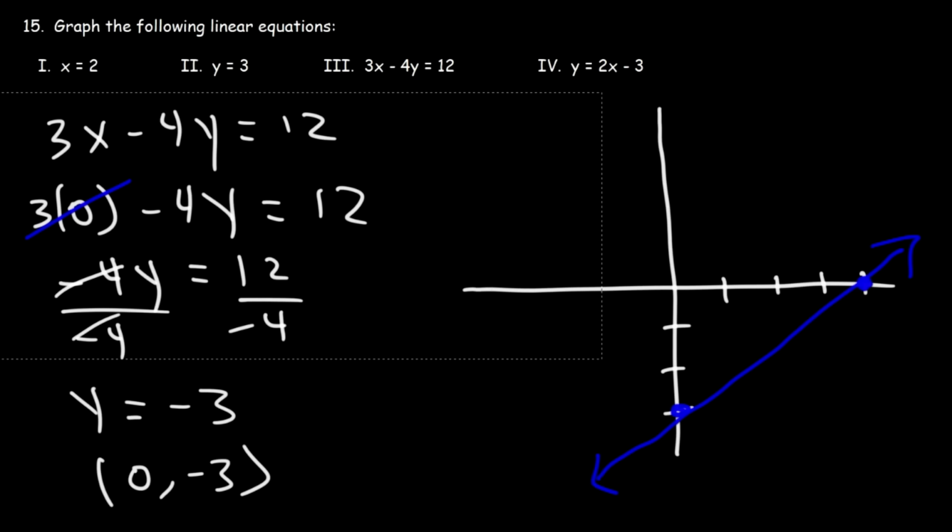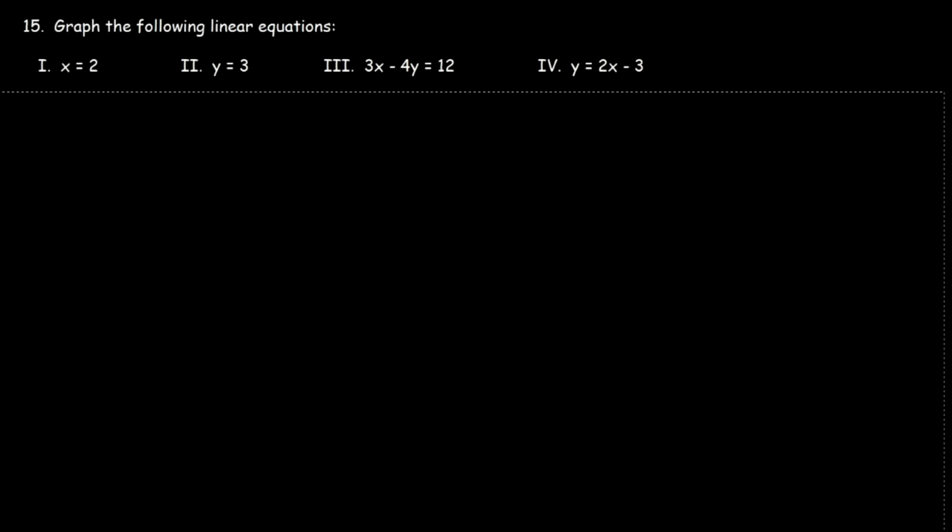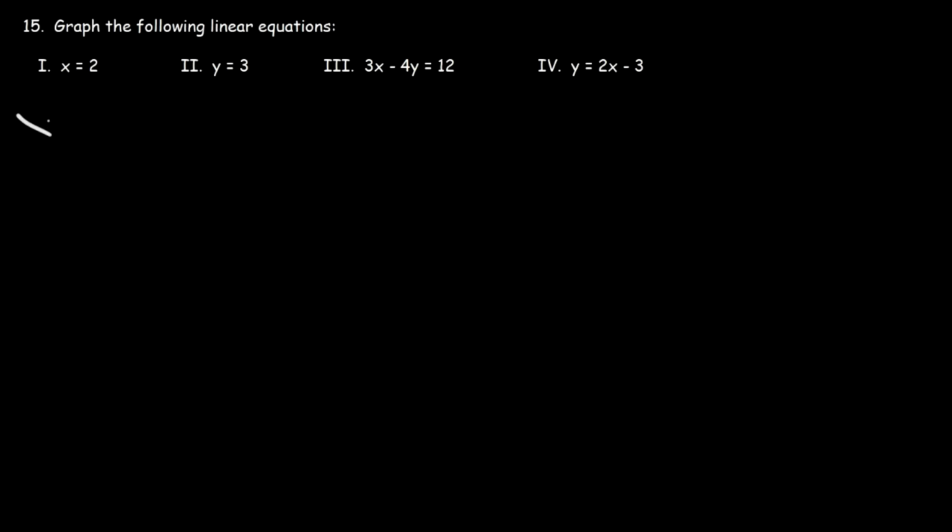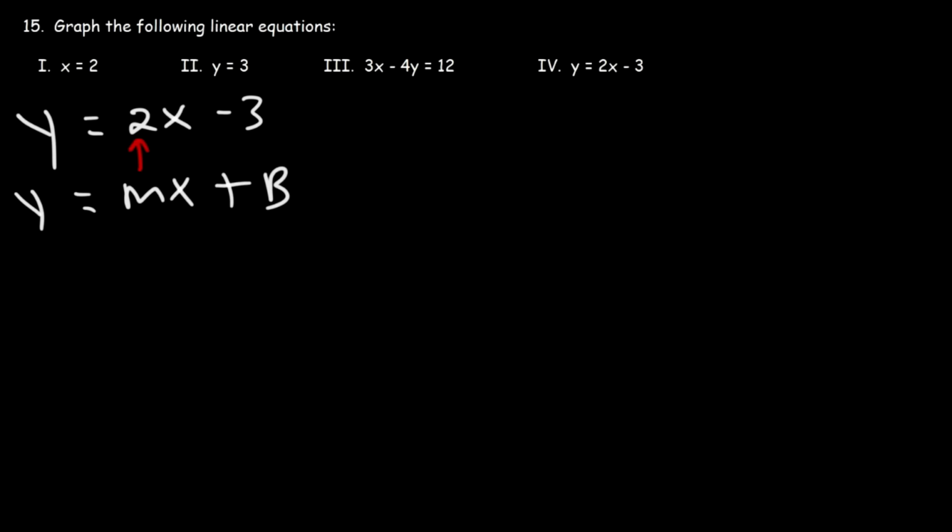Now, let's move on to part 4. Let's graph y equals 2x minus 3. Notice that this equation is in slope-intercept form, y equals mx plus b. So m, the slope, is 2, and b, the y-intercept, is negative 3.